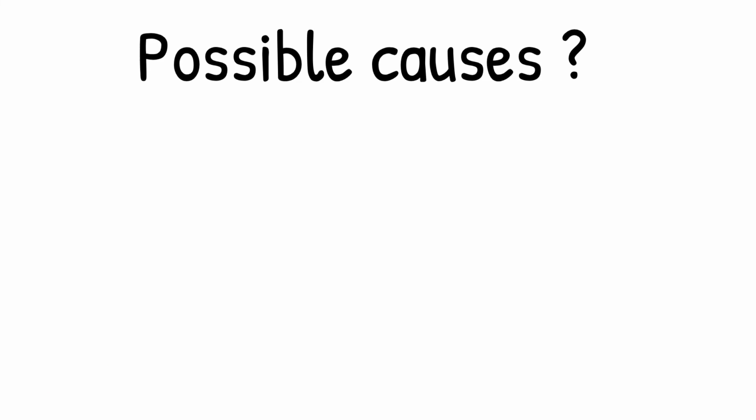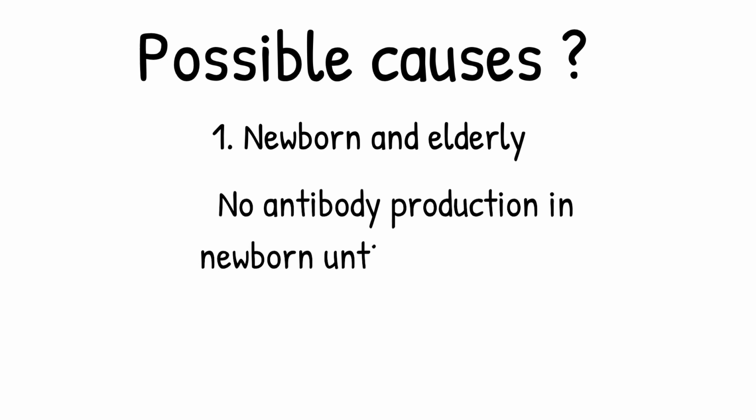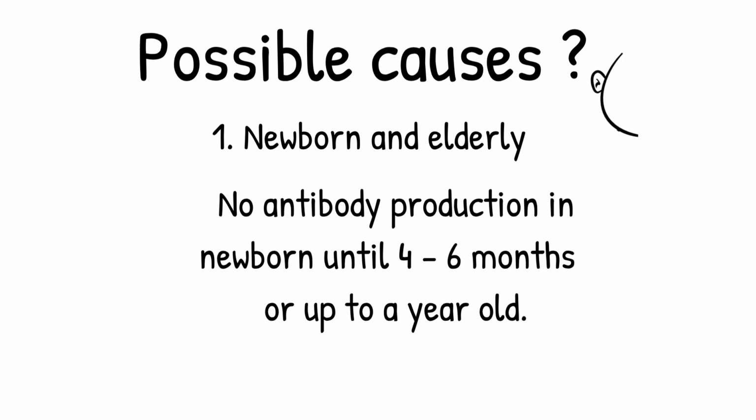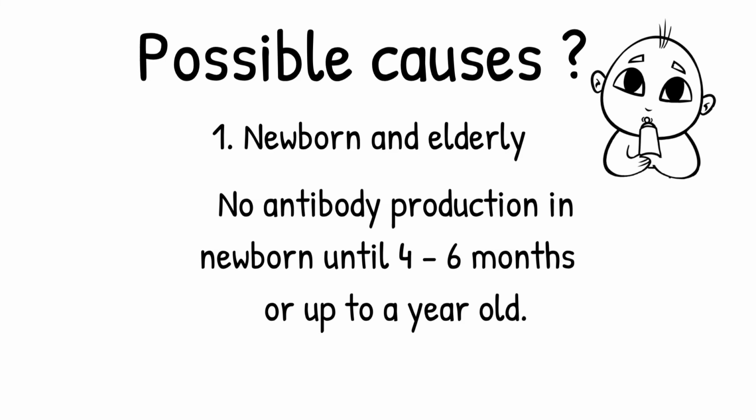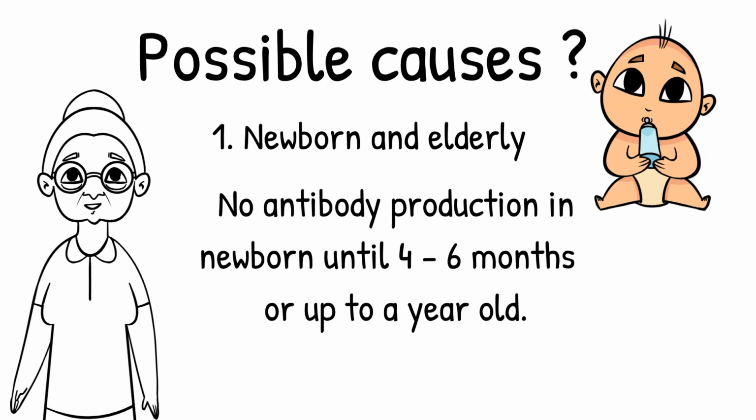What are the possible causes of these weak reactions of group O? First, really young and elderly patients usually have weak expressions in the reverse typing. This is because a newborn does not make antibody until 4 months of age. And that's why we do not routinely do a reverse typing on a newborn.